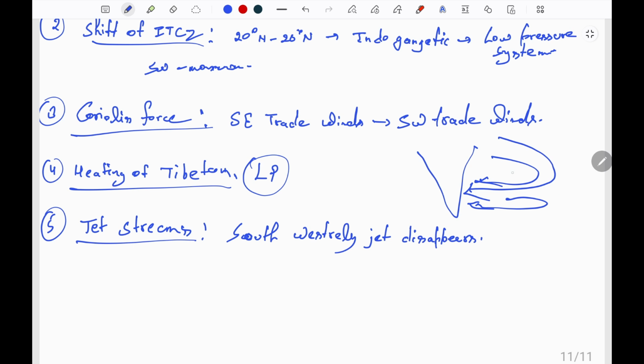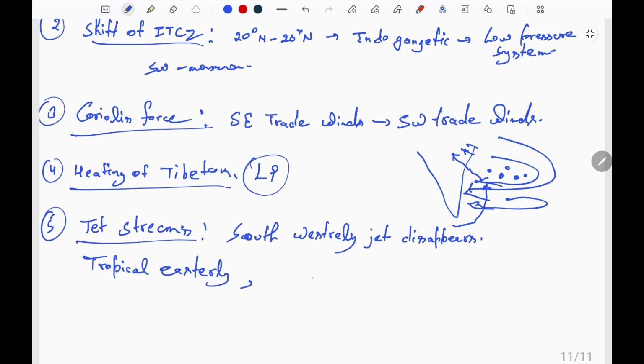This easterly jet carries the low pressure systems that develop over the Bay of Bengal region in the Indian Ocean towards the Indian coast, and it also shifts the direction of the southwest monsoon and brings it to the Indian subcontinent. So the appearance of the tropical easterly jet also intensifies the Indian monsoon.